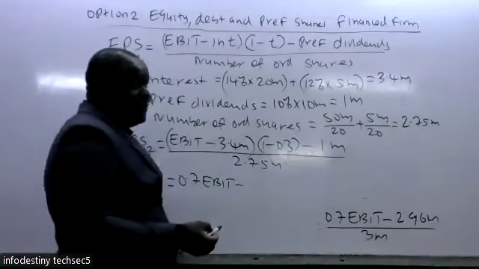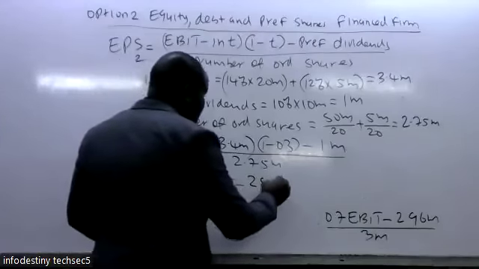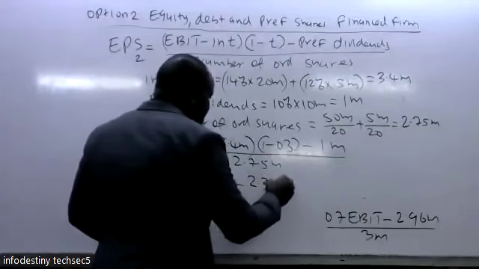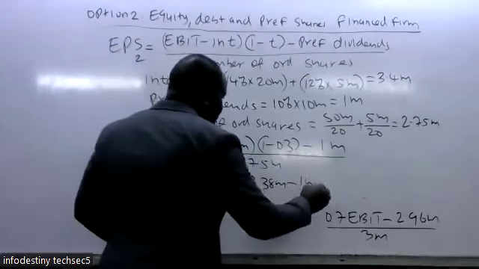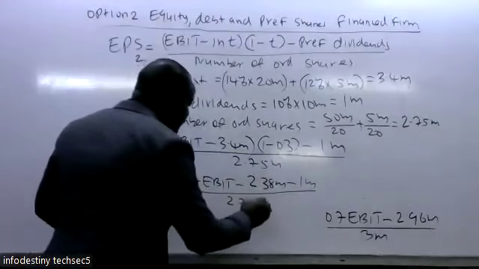3.4 multiply 0.7. Exactly 2.38. So we also subtract the 1 million, then divide by 2.75.